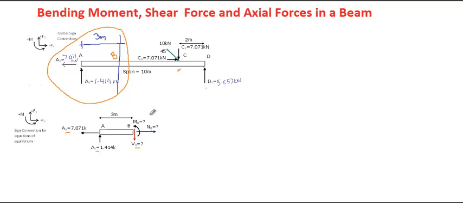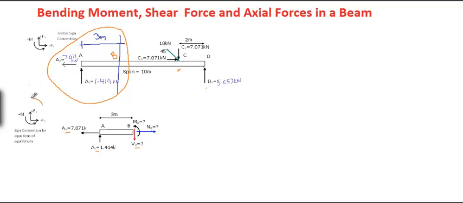These unknown forces VB and NB and the moment MB are in fact the shear force, axial force and the bending moment at point B. So to calculate these forces and the bending moment, we can use the equilibrium equations.